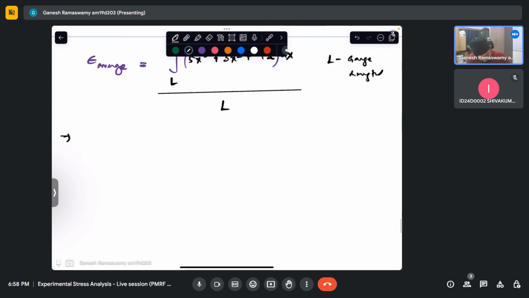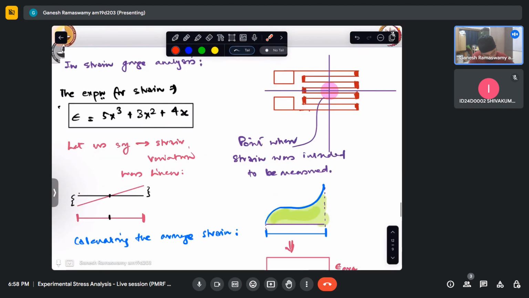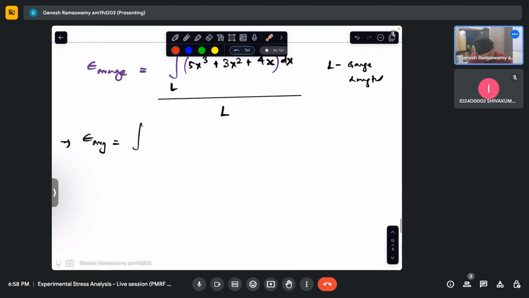So this implies that epsilon average will be integrated between, we have already seen here that the strain gauge is pasted at x equal to minus 2. So its gauge length spans from minus 2 minus 3 by 2 to minus 2 plus 3 by 2.